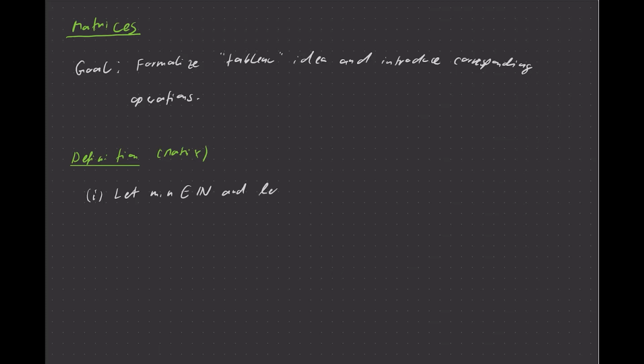And of course, we need one entry for each position in that rectangular grid, and we call those a_ij. So let a_ij be in R for i in 1 to m, and j in 1 to n. Then the following is called a matrix.